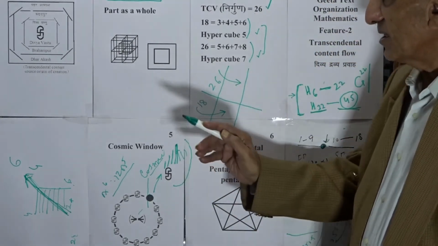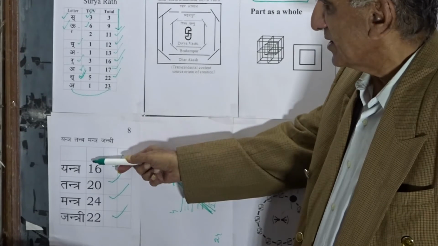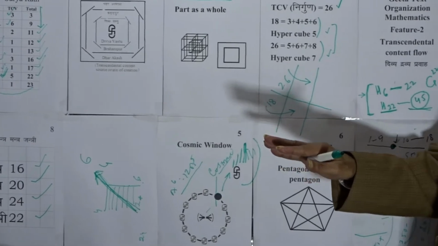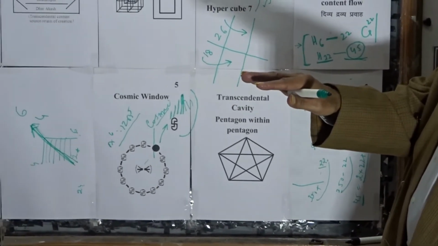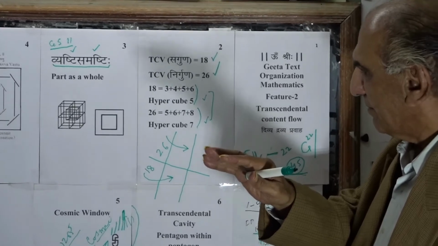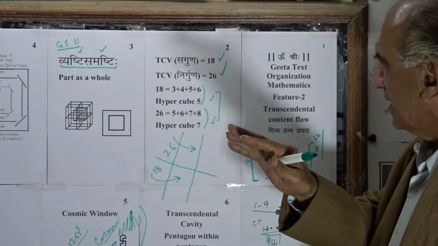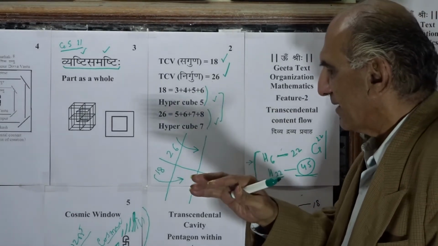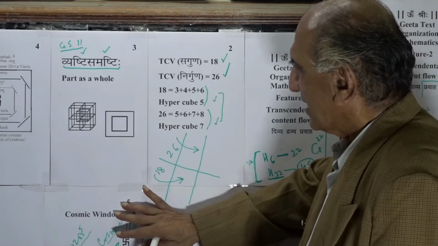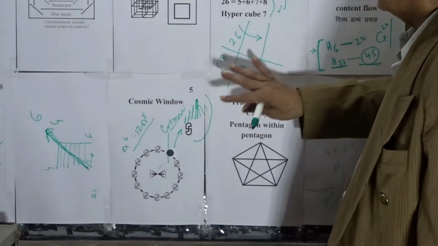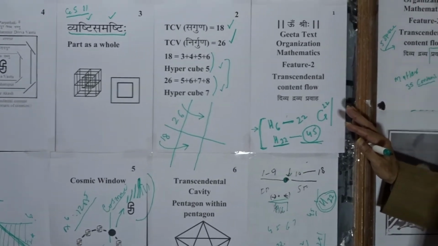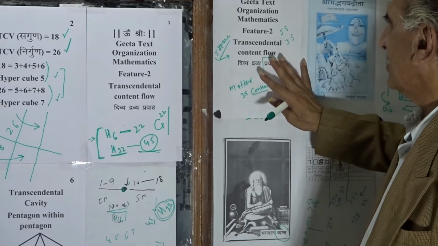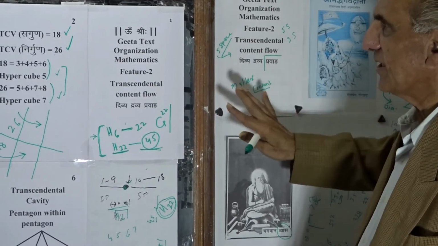As such, the yantra, tantra, mantra, jantris, all those machines, all those mechanical bodies, mechanical mathematics, mechanical features, mechanical details, mechanical setup, mechanical formulations are being made available in big detail in the text of Srimad Bhagavad Gita.